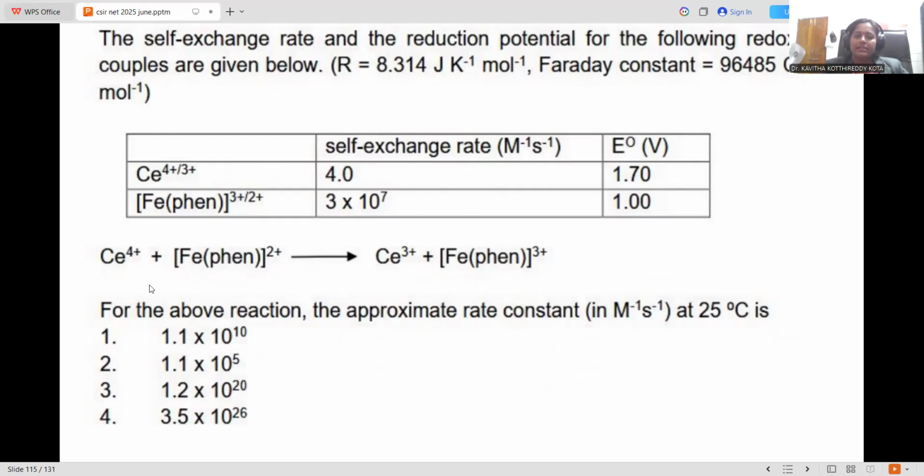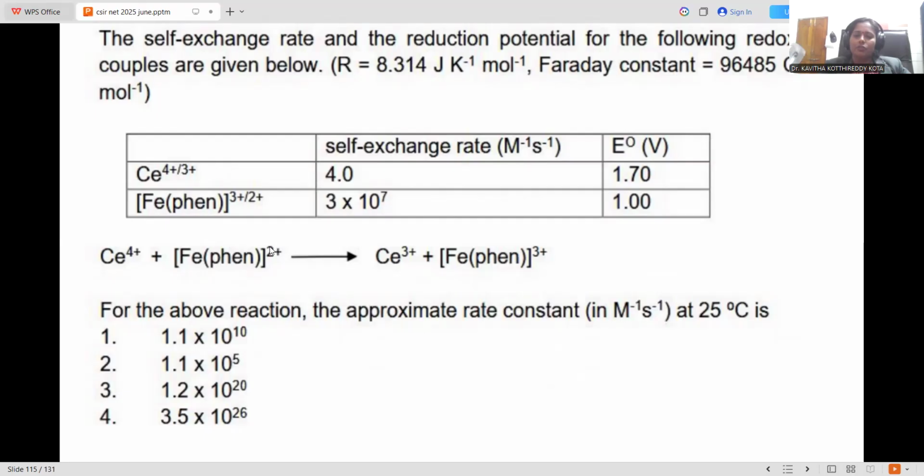Here we are going to react cerium +4 with iron phenanthroline +2. This is the metal ion and this is the complex; both are to be treated together. Whenever the reaction takes place, cerium +4 becomes cerium +3, so obviously reduction takes place. And here Fe +2 is converted into Fe +3.